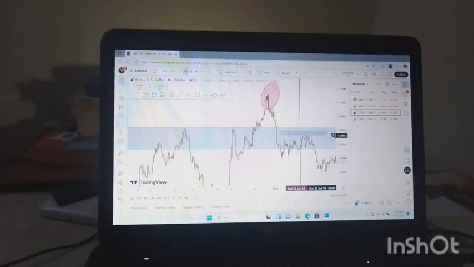In this kind of essence, we are going to wait for the market to come back. This is the first level, and this is another level here. These two levels are an indicator for me that this market is going to change its direction for a short sell.